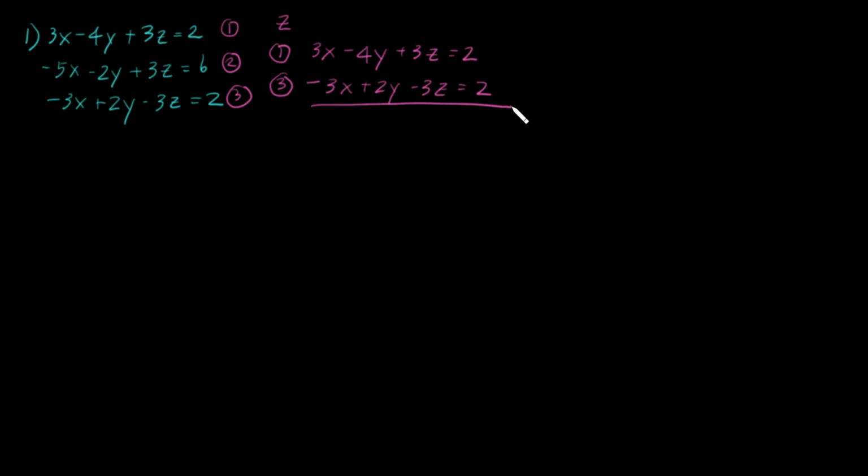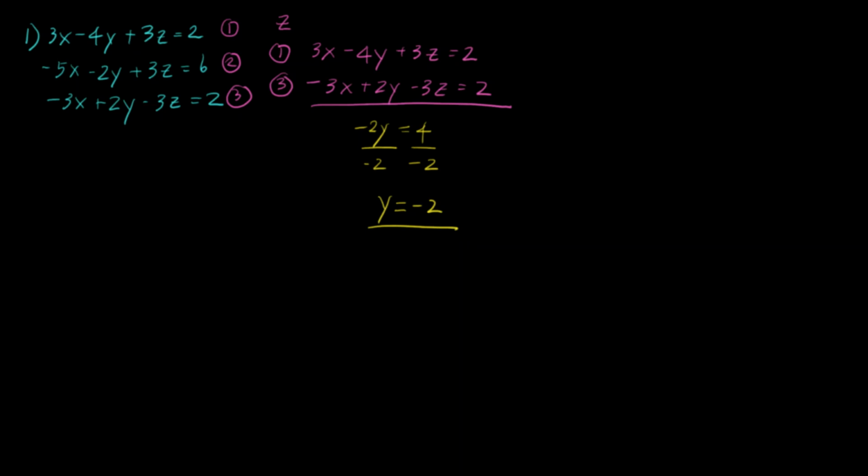When I combine those two, what you find is that you also cancel out the x. It becomes 0. So lucky you. So -2y, and then we got rid of the z, equals 4. Divide both sides by -2, so we end up with y equals -2. So we have one variable.